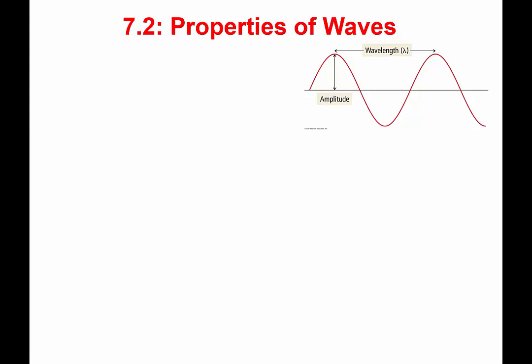So this picture here from the textbook shows a simple wave, looks like just a sine wave. So the first property that we can talk about is called the wavelength. The wavelength is just defined as the length from a point on the wave to the same point on the next cycle of the wave. And as you can see, it's usually defined as the distance from the peak of one cycle of the wave to the next peak.